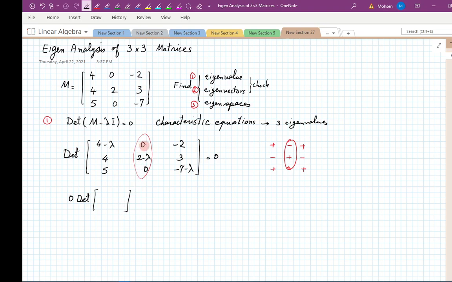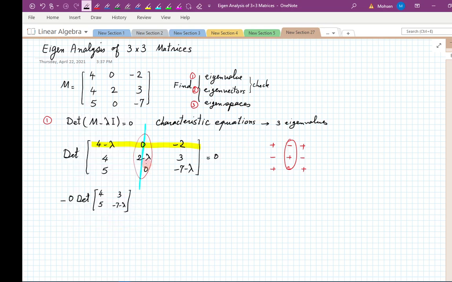This 0 we have to multiply with the determinant of what is left: we take the row and column that go over that number, and then remove everything. What is left is 4, 3, 5, minus 7 minus lambda. We have the number 0. We also borrow the sign from here.